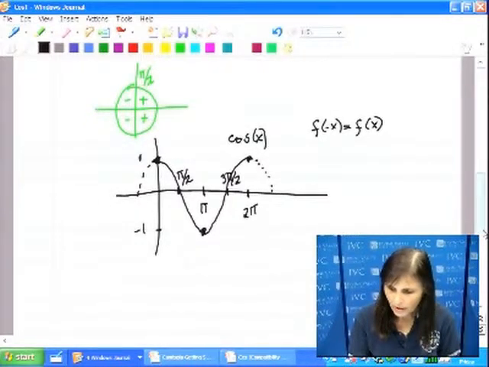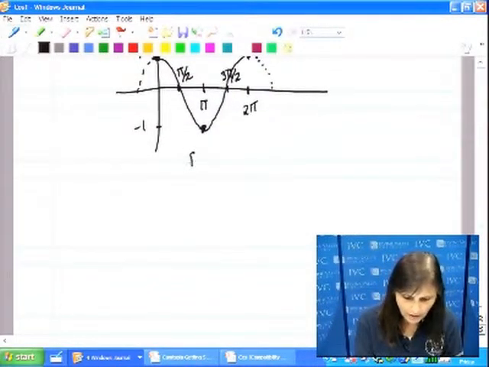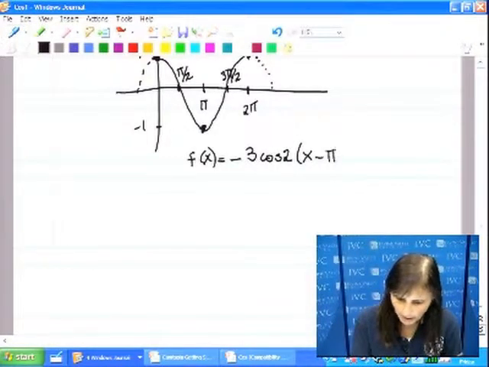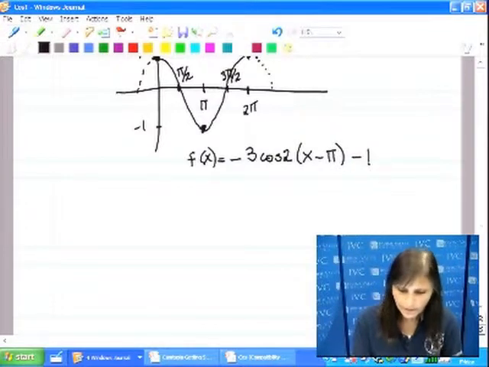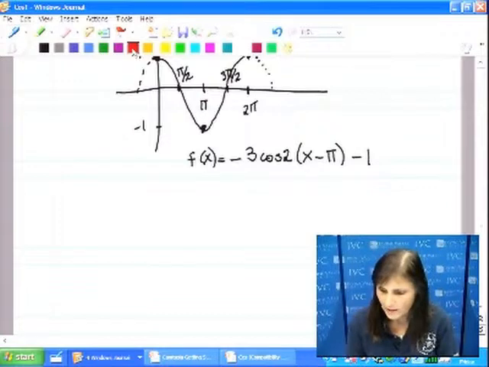So let's look at the graph of a cosine that is going to be like this: negative 3 cosine of 2x minus pi, minus 1. And let's look at those numbers, what they do.